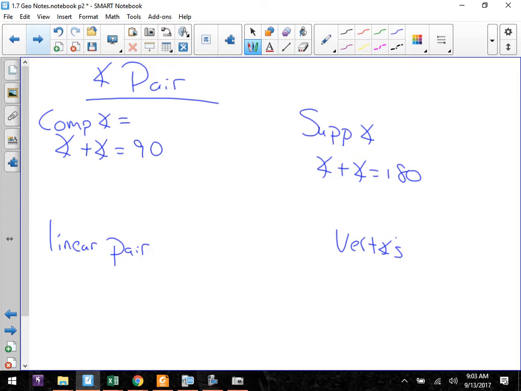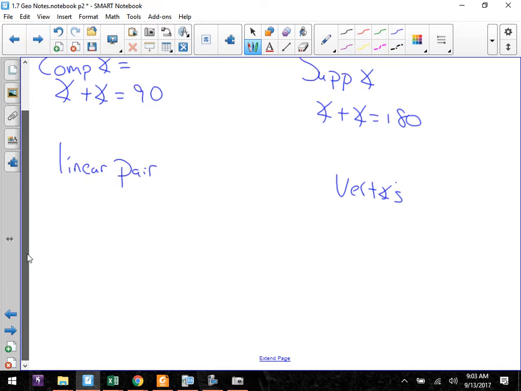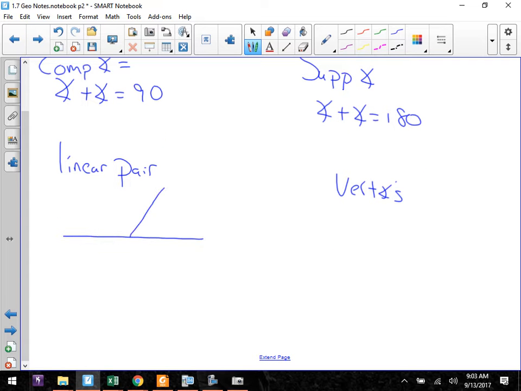Now I had a specific question on there. Draw an example of a linear pair. Linear pairs add up to equal what? 180. Remember, a linear pair is just a fancy way of writing out supplementary angles. When I asked you guys to draw an example of a linear pair, that's all you had to draw.